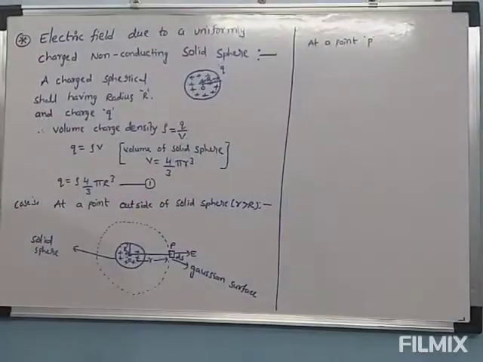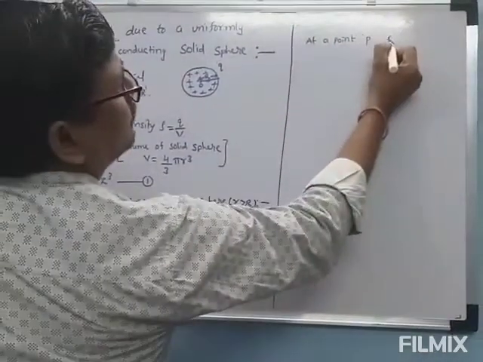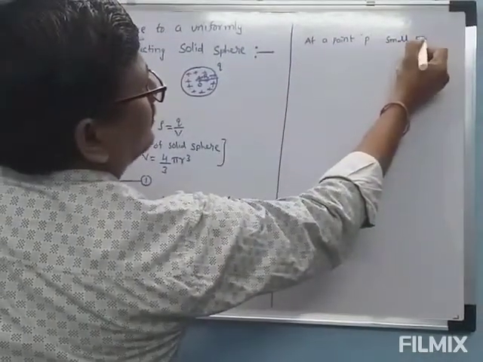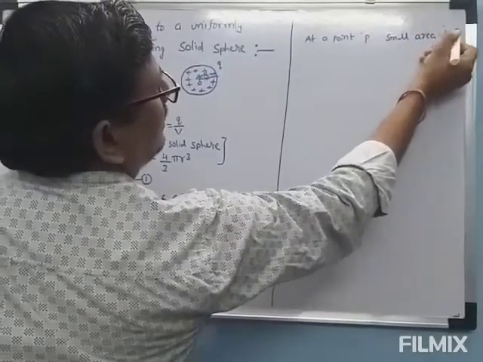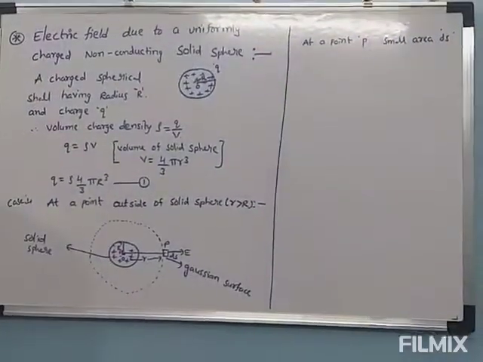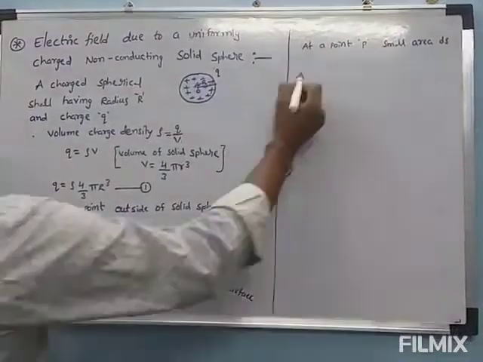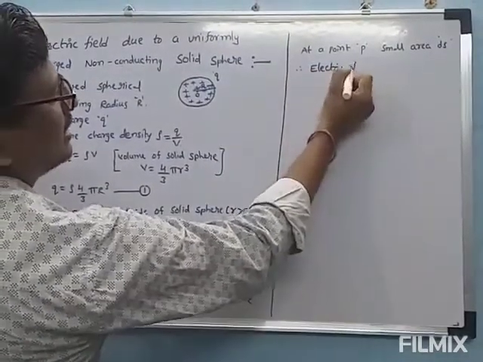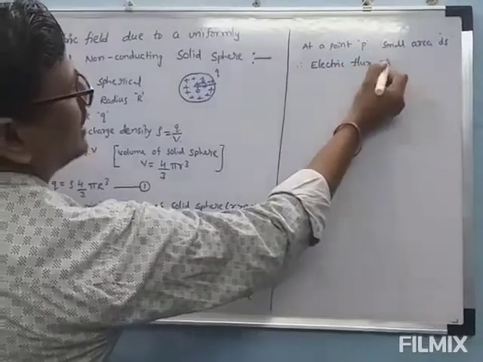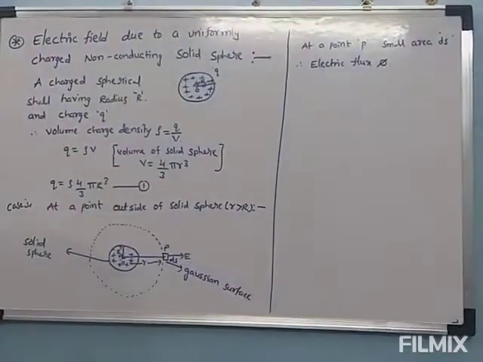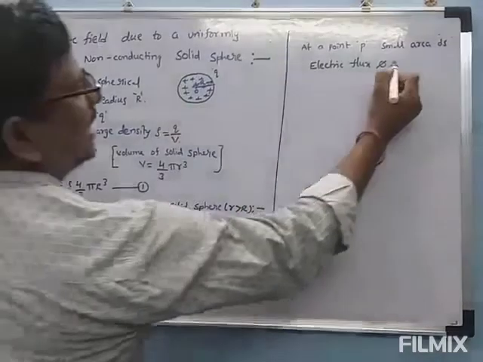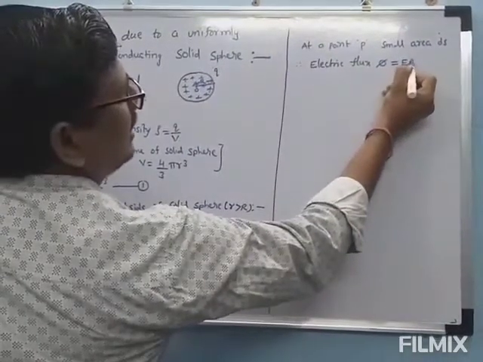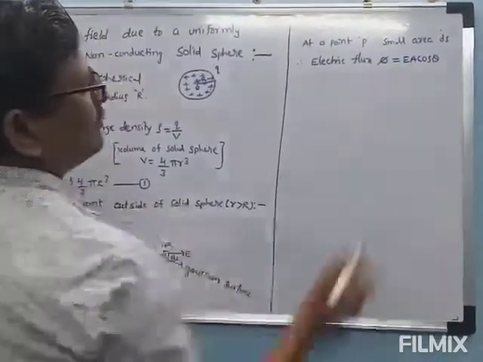At the point P, the small area is ds. Therefore, electric flux, what is the formula? Phi is equal to EA cos theta.